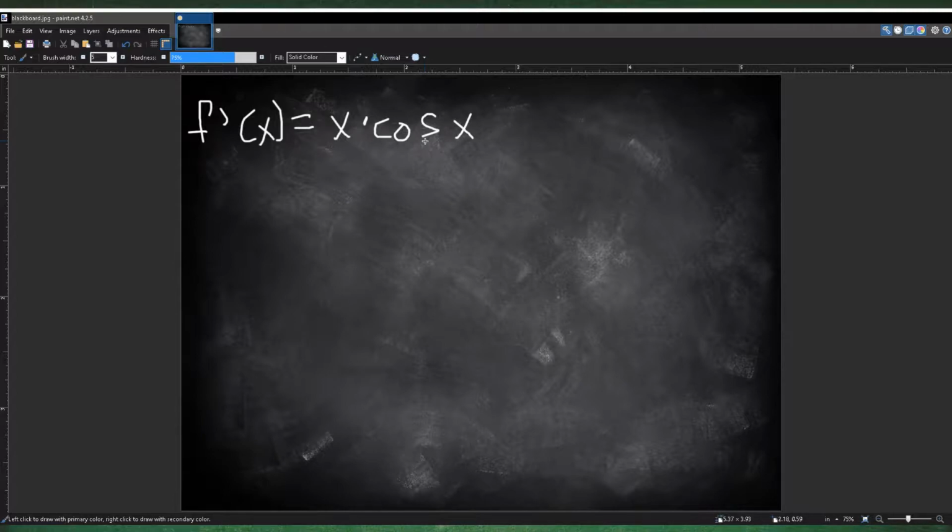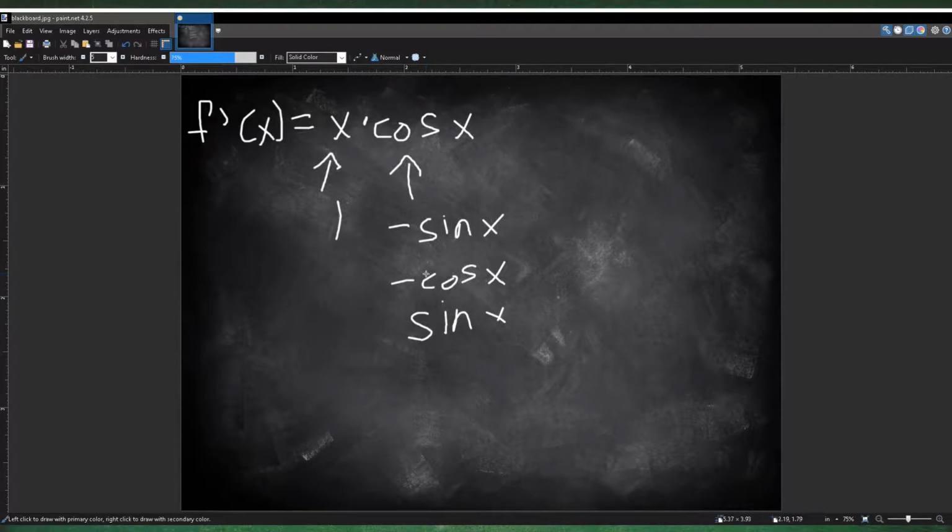A good way to know is which one you want to simplify. Well, x can be simplified, right? Because if you take the derivative of x, it becomes 1. But you cannot simplify cosine, because the derivative of cosine is negative sine, and the derivative of sine is cosine.